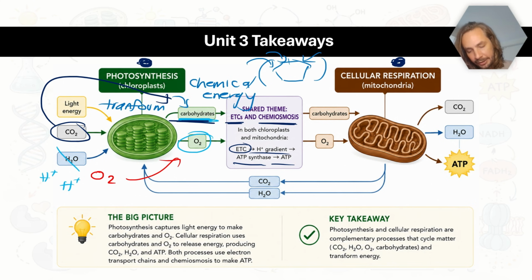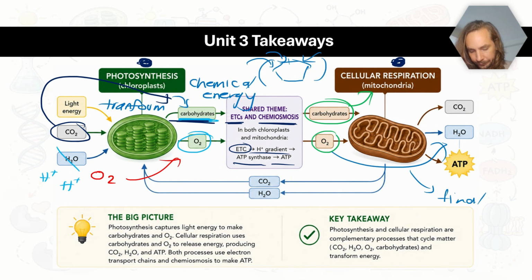Now, the carbohydrates that were made in photosynthesis and the oxygen are used in cellular respiration. Oxygen becomes the final electron acceptor to form water. And when we break down carbohydrates, we break them back into carbon dioxide.